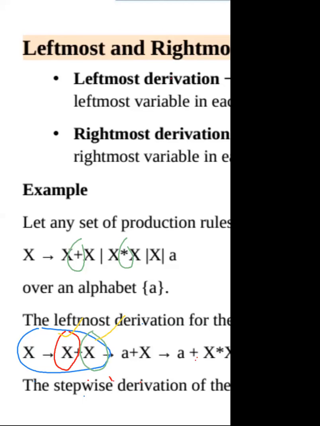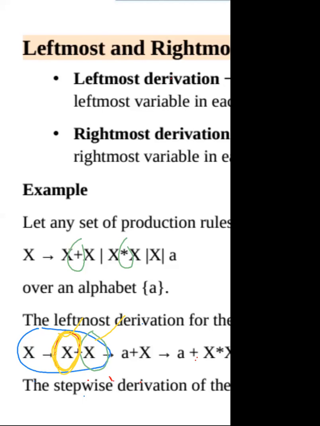Now listen carefully. If we replace the first X on the right hand side, which I have marked in yellow, then it will be leftmost derivation. Leftmost means the leftmost non-terminal on the right hand side. Clear?